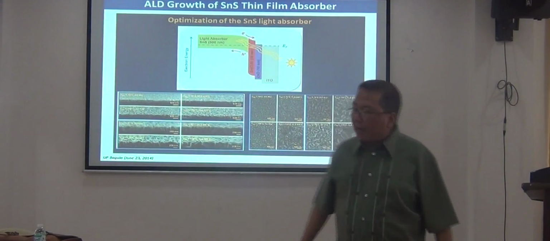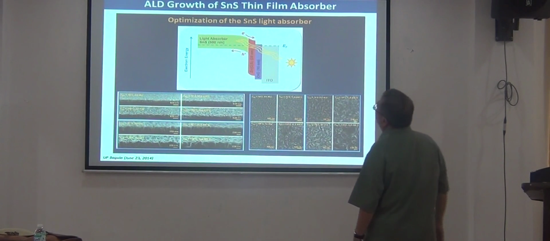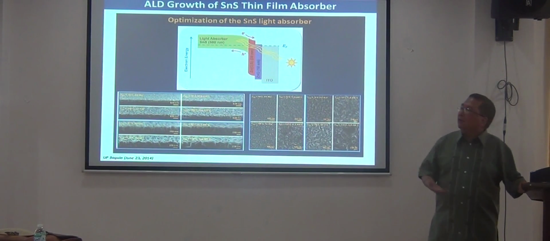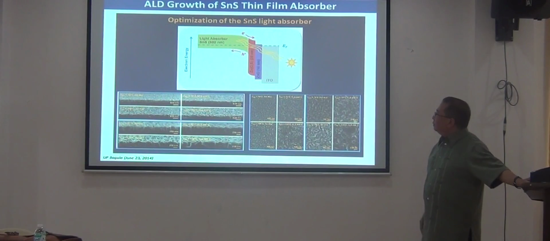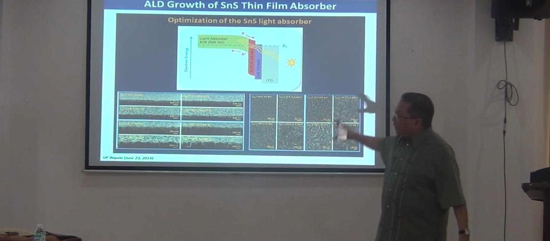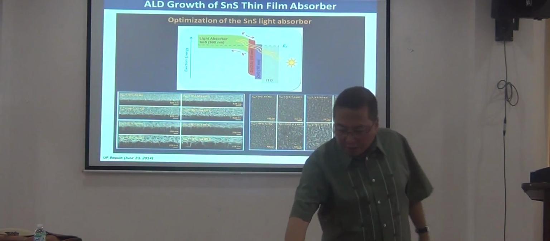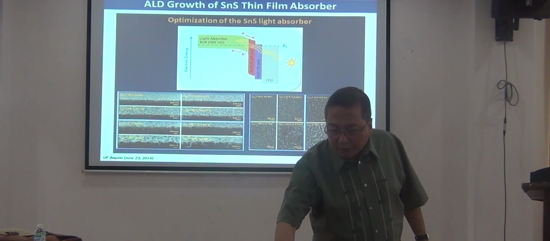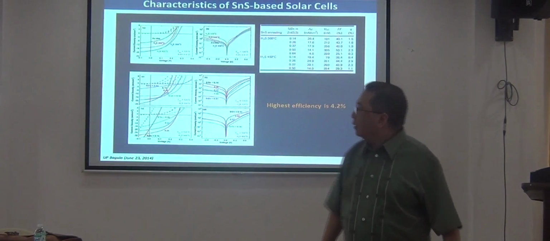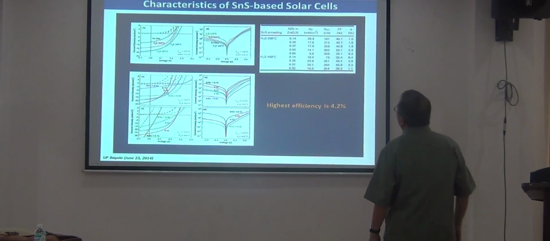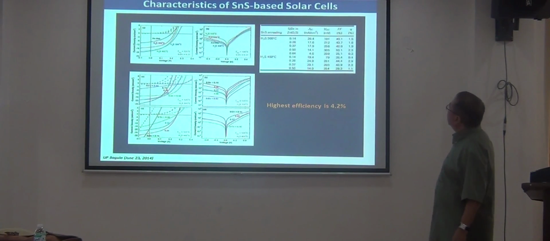The other relatively promising material is tin sulfide, again grown by ALD. These are just a summary of the optimization of the characteristics of the material to get the best possible efficiency. So far, the best efficiency that they reported in this paper is 2.9%.